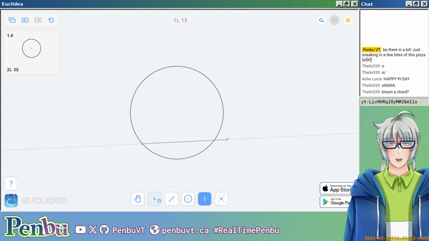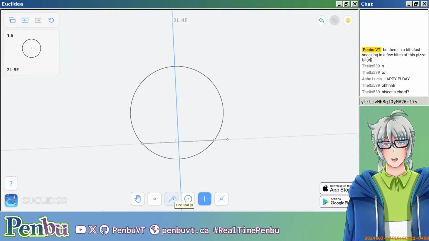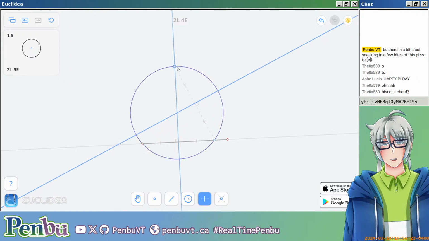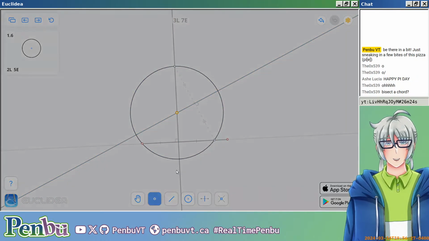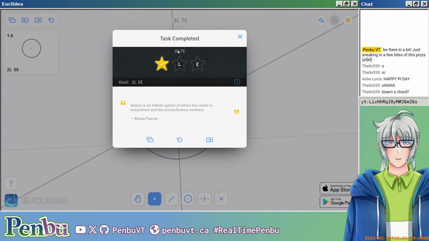Oh, I need to put an intersection point here. We bisect the chords, and then we need to do this again. Find the middle. But that's... yeah. So our solution here is 3. We need to go down to 2.